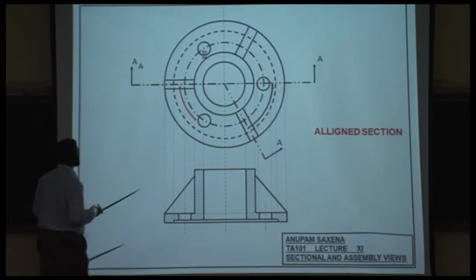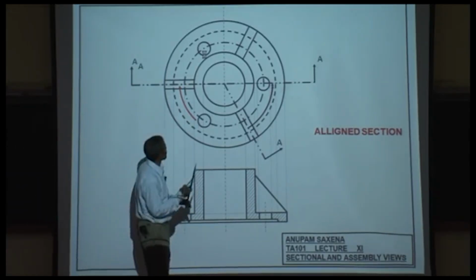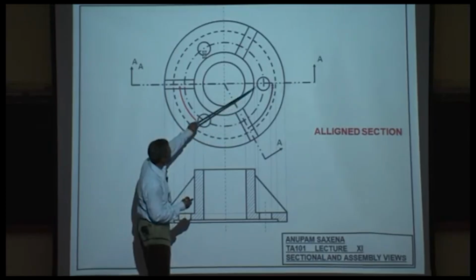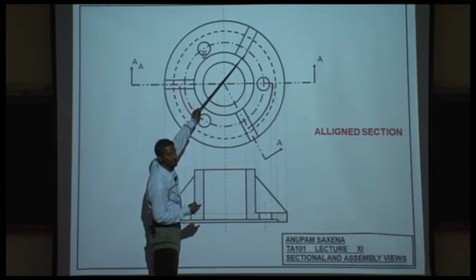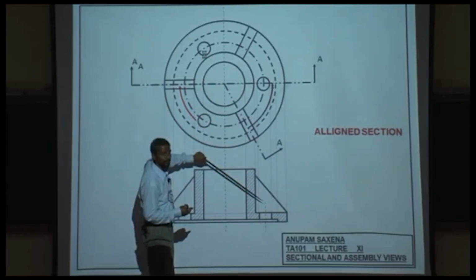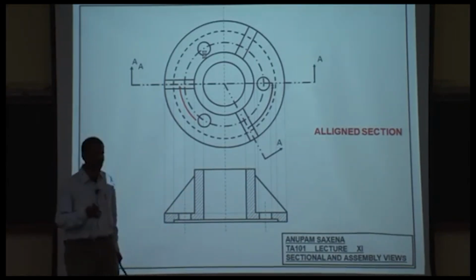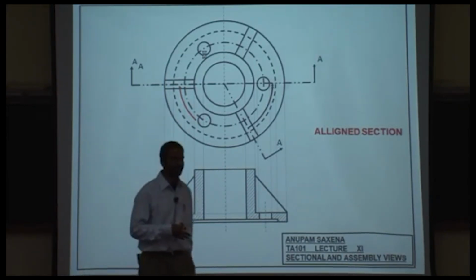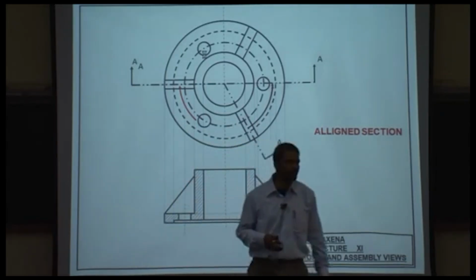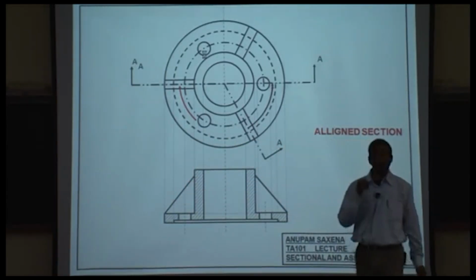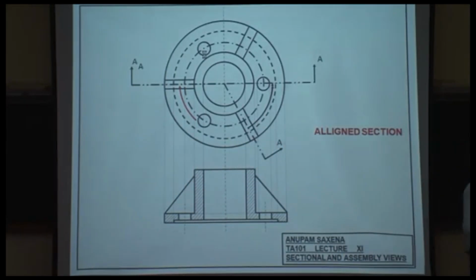For example, Kevin last time said that, you know, if we did not align this thing along with this section plane, we could have taken the projection of this rib over here. Okay? That would not have shown the true dimensions of this rib in the front view. Okay? And that's the reason why we tend to go for aligned section in cases where our objects are not symmetric. Just a little recap, we had seen this last time.